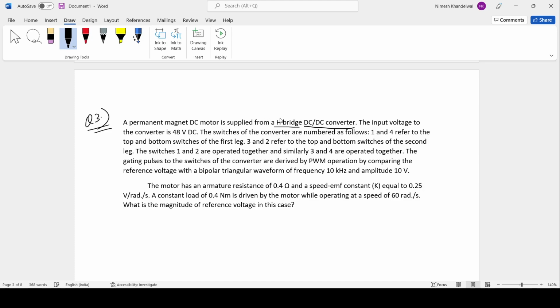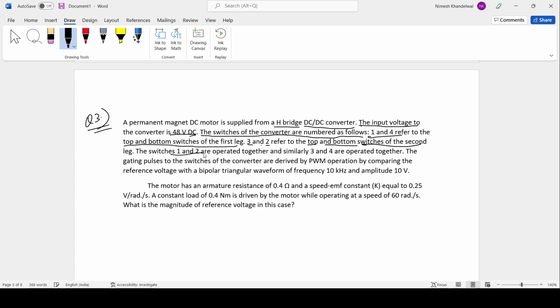So we are not using the buck converter now. The input voltage to the converter is 48 volts, and the switches of the converter are numbered as follows. 1 and 4 refer to the top and bottom switches of the first leg. 3 and 2 refer to the top and bottom switches of the second leg.